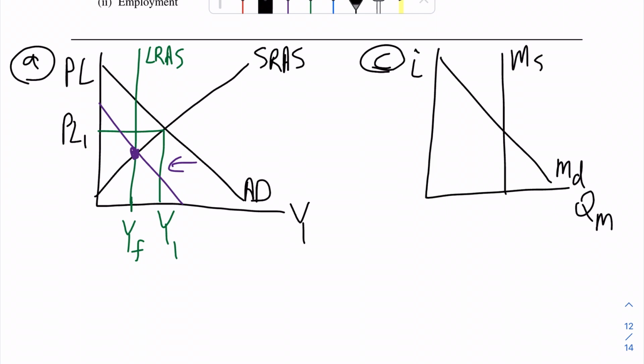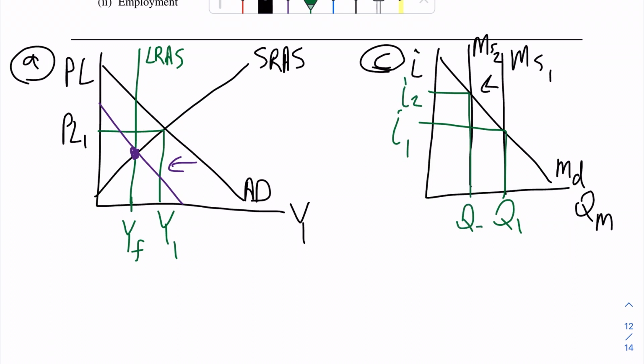Because you're selling bonds, you're shifting the money supply to the left, MS2. So you went from interest rate 1 and quantity 1 to interest rate 2, quantity 2. Quantity goes down, interest rate goes up.